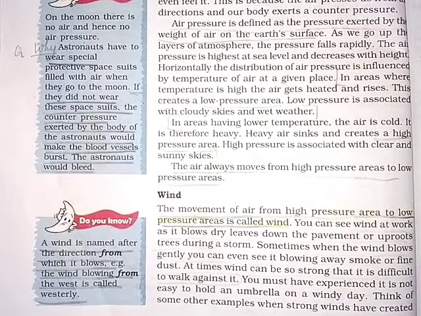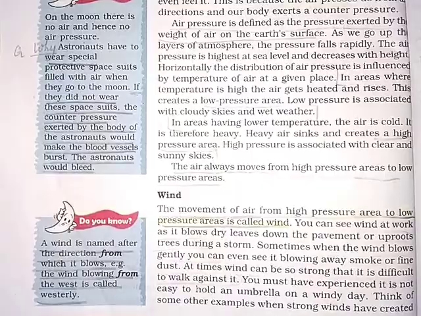At times, wind can be so strong that it is difficult to walk against it. You must have experienced it is not easy to hold an umbrella on a windy day. Think of some other examples when strong winds have created problems for you.